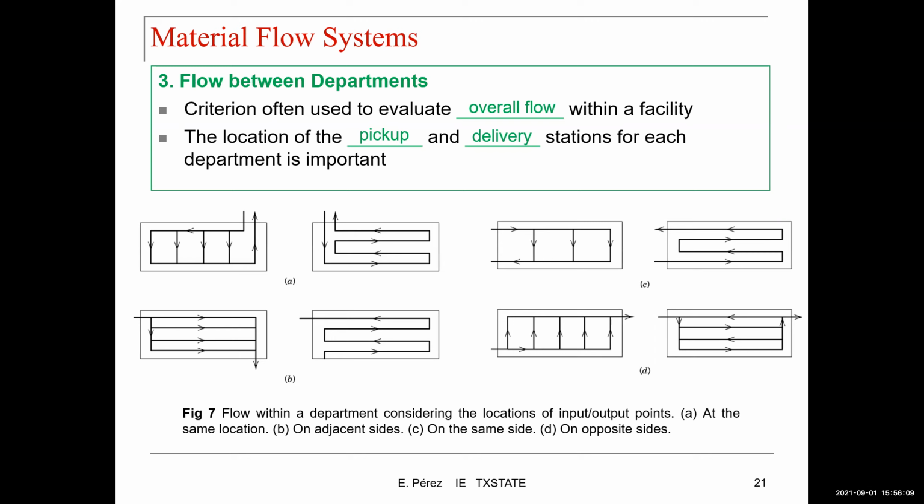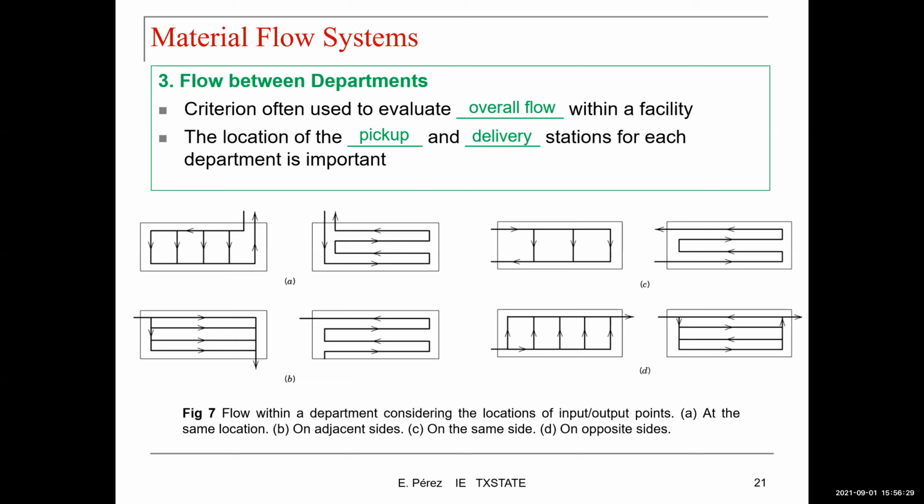So you started in department 1, you go through department 2, and then you bring the part back to department 1 for additional processing. Knowing the beginning and the end of that process can help you design the flow. You want to start and end in the same point, but that's not always the case.